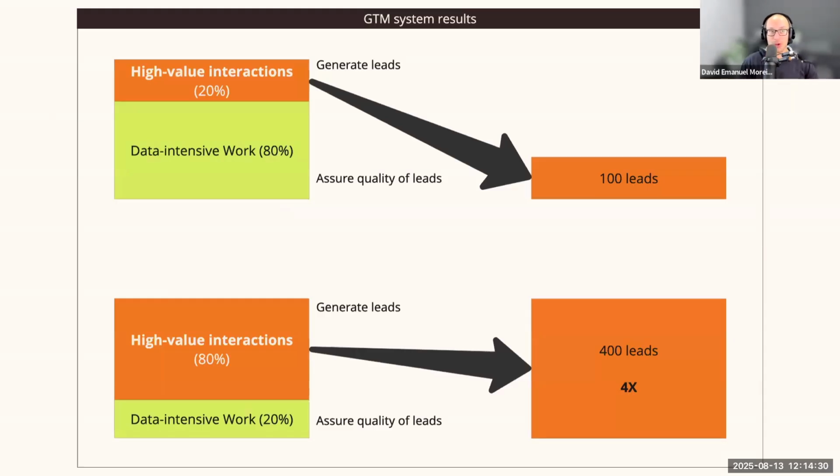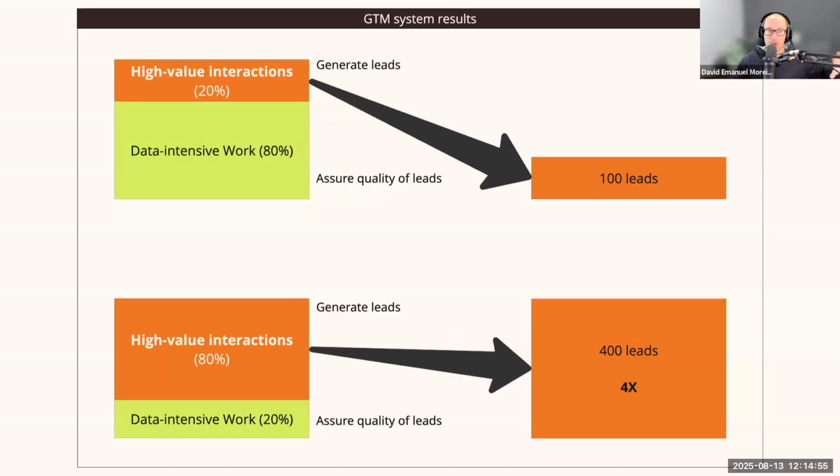So, like we always say, if you decrease the amount of data-intensive work and increase the high-value interactions, you will generate more leads, just because you are engaging with more leads. This is related to just the volume of it.